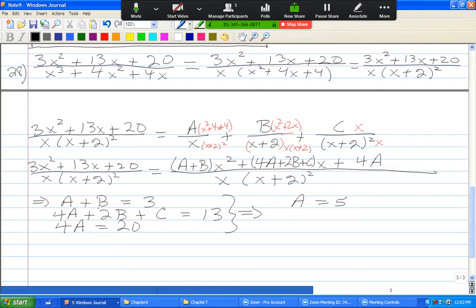A plus b is 3, so 5 plus b is 3, so b is negative 2. And then the last equation is 4a, which is 20, plus 2b, which is 10, plus c is 13. So c is equal to 13 minus 30.